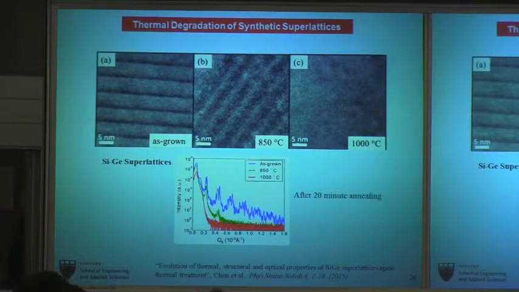It's rather regrettable that this was published in 2015 when this was also known 20 years ago, but never mind. Do the old thing in the new field and you can publish it. Actually, to be fair, the old work didn't include the X-ray scattering. So I'm not using this in any other sense, really, than to say that at high temperatures, these nanostructures that are produced by synthetic processes are not stable.